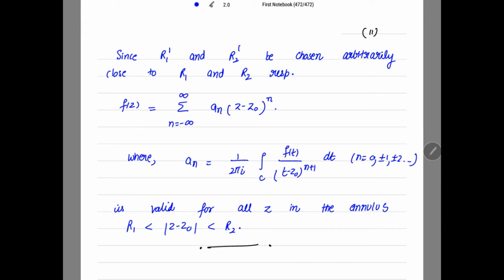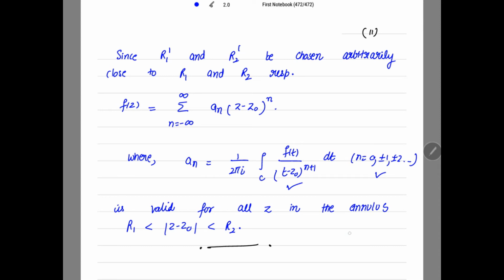So f of z is equal to the summation, n going from minus infinity to infinity, of an (z minus z0) to the power n, where an is this with n equal to this. This is valid for all z in the annulus, |z minus z0| between R1 and R2, because we have proved this in the closed disk.